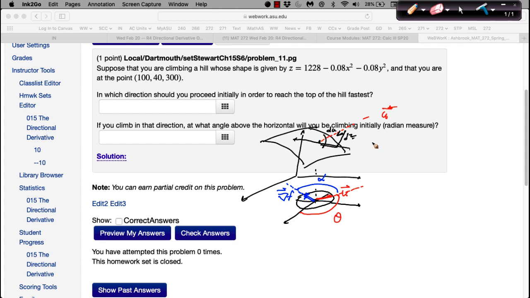This angle would be like the angle of elevation or depression for the directional derivative, right? So the directional derivative is essentially dz per du, so it'd be how much change up and down compared to how much horizontally along the direction of u.